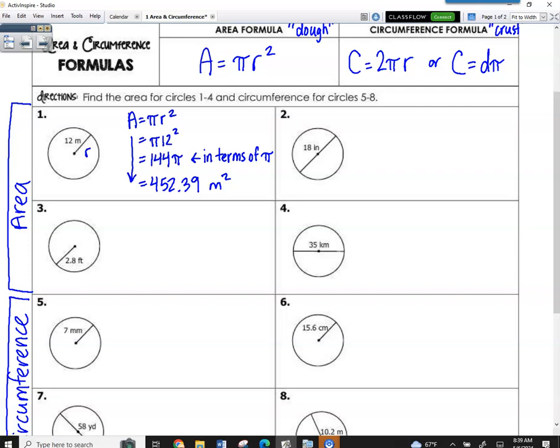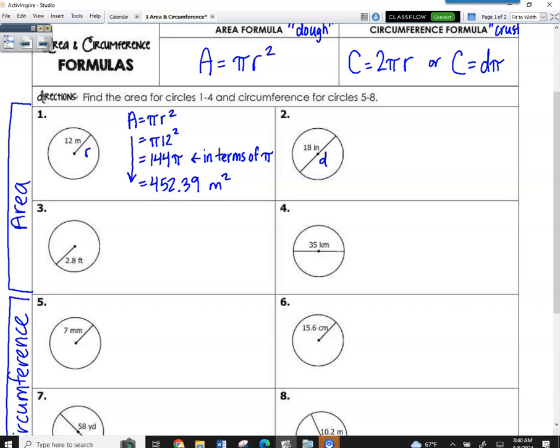And I actually want to skip to 2 or come over here to 2. What's different in the picture on 2? Notice that this time the entire diameter is drawn and the number that they are giving me is right in the middle. That means that this is the diameter, not the radius. I'm trying to find the area, which means I absolutely need the radius.